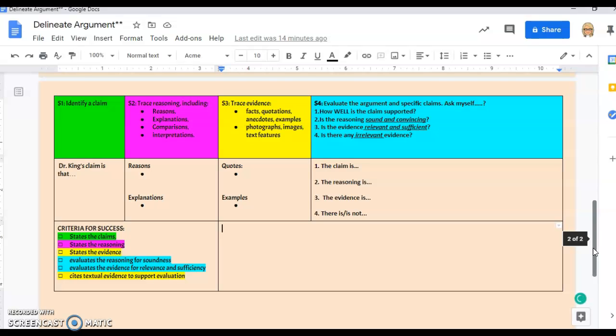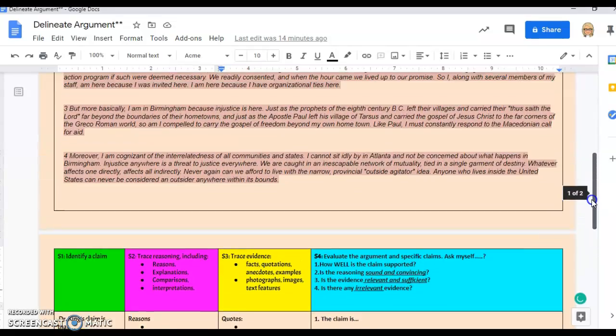For step 3, you trace evidence. This can include facts, quotations, anecdotes, examples. It can also include photographs, images, and text features, among other things. But these are going to be our main focuses for this. Step 4 is to evaluate the argument and specific claims. So there's 4 questions you ask yourself, which we'll get to in just a minute. Let's go ahead and get started and see if we can identify some claims.